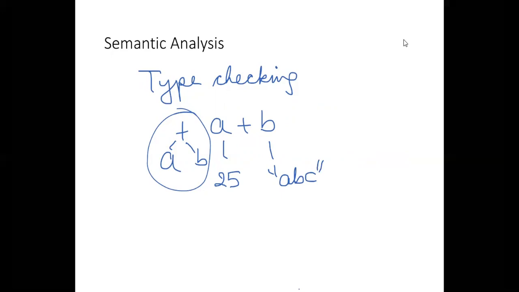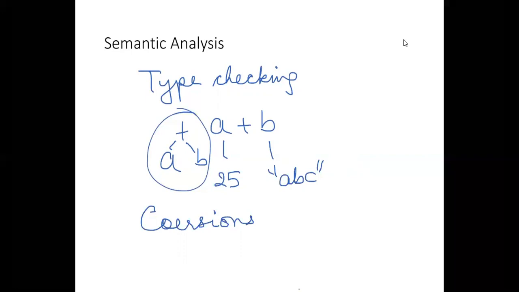So the semantic analysis does this. It also takes care of type conversions and coercions, that means automatic type conversions, like widening and narrowing. All these are handled by the semantic analysis.